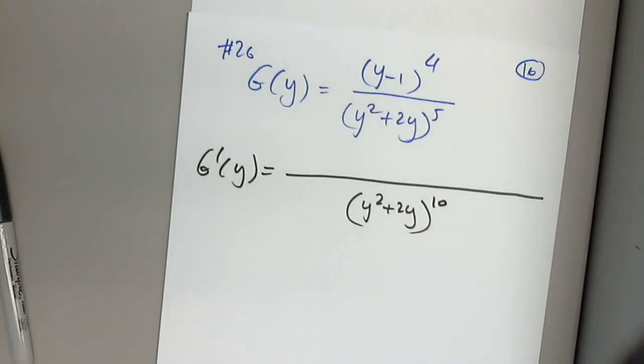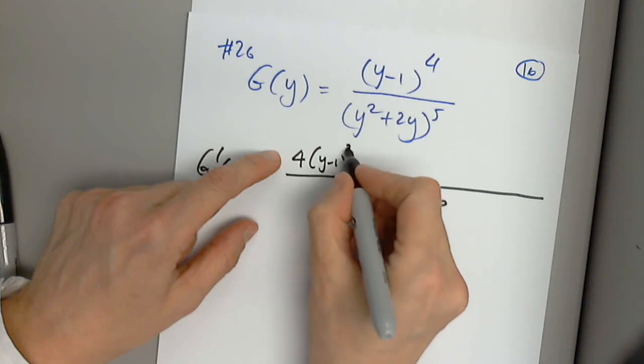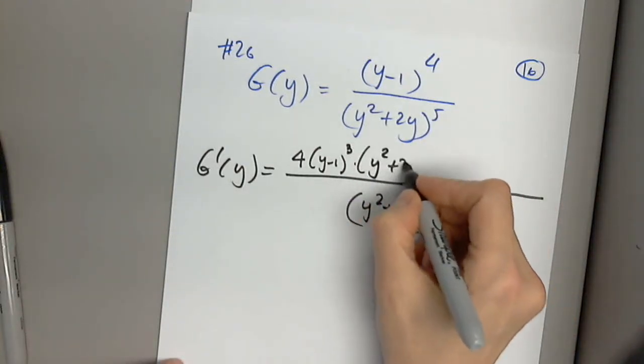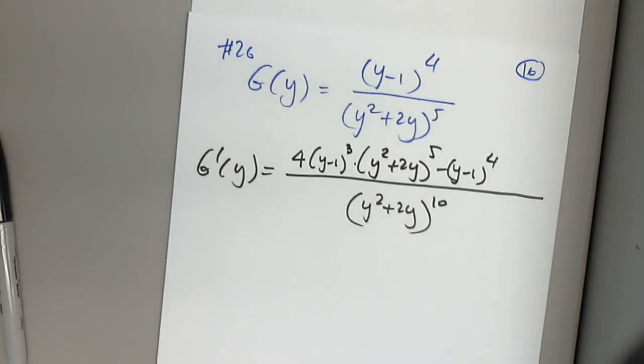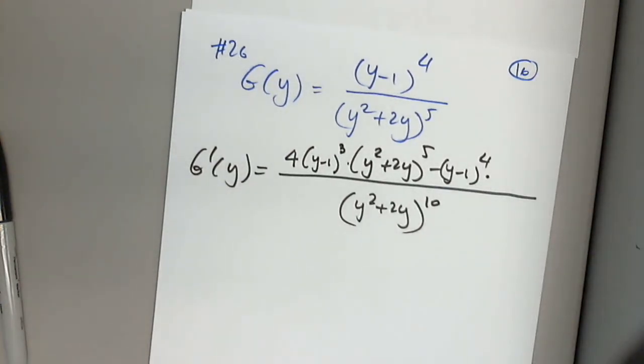Now let's differentiate the top. We bring down 4, we subtract 1 from the power, and we multiply by the inner function prime. But y minus 1 prime is, right? The derivative of y is 1, the derivative of negative 1 is 0. So there is nothing, I don't need to write anything. So y squared plus 2y to the fifth minus, I copy y minus 1 to the fourth, but now I have to differentiate the denominator.